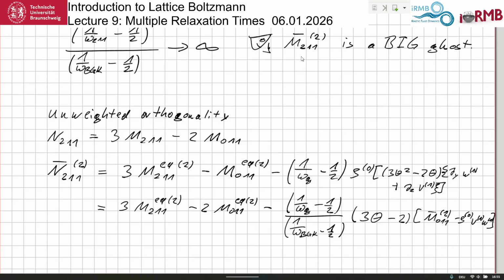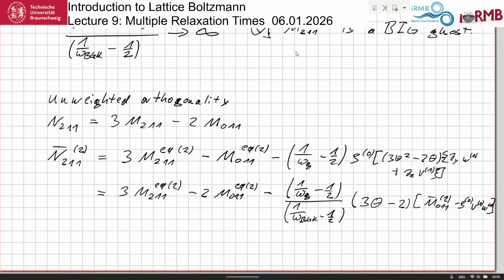I mean, it is important from a practical point of view, because these two models behave very differently, but it's not easily visible from here. So the bottom line that we see is that we still have a large ghost.